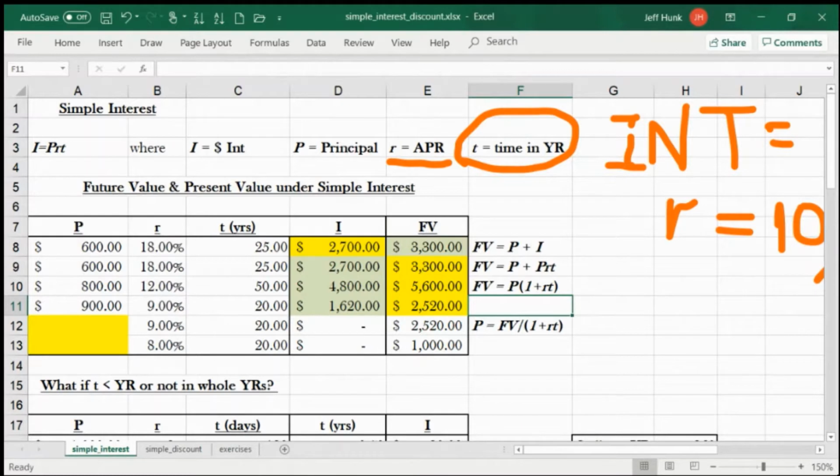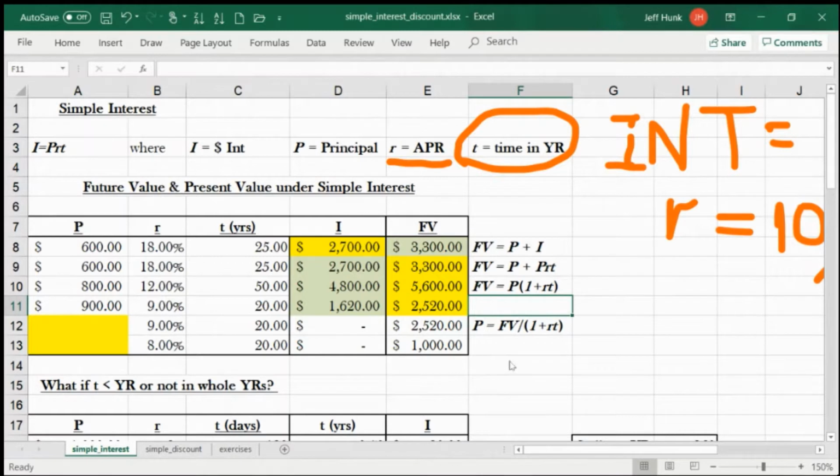Welcome back to the second video in this lecture series. In our last class, I demonstrated how you find the future value using simple interest, and how we find the interest as well.